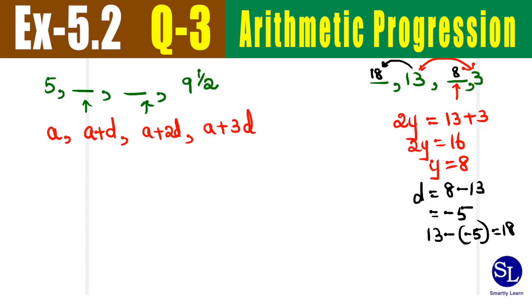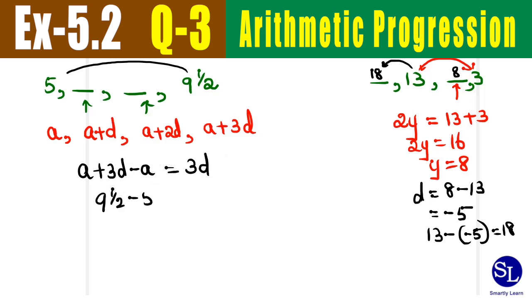Using this relationship, I'm going to subtract 5 from 9 1/2. If I subtract a from a plus 3d, I will get 3d. So in this case, 9.5 minus 5 is equal to 3d.